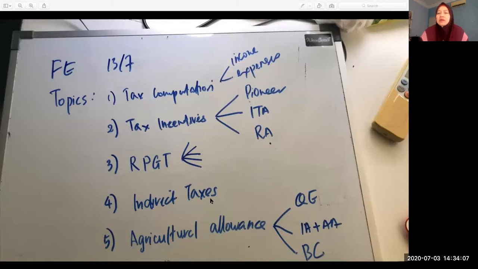Then minus your zakat, business zakat, which is maximum 2.5% of your aggregate income. Then you get to your total income, which is also your chargeable income. Most of the questions will ask for chargeable income. Very unlikely the question asks for tax liability, so you only have to compute the chargeable income.